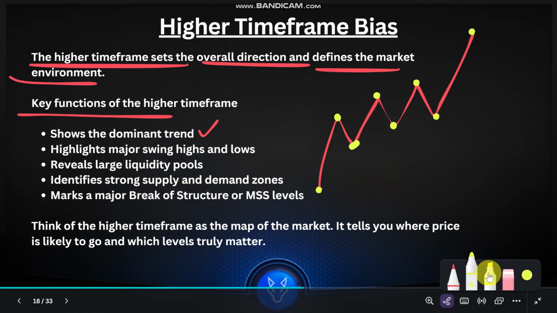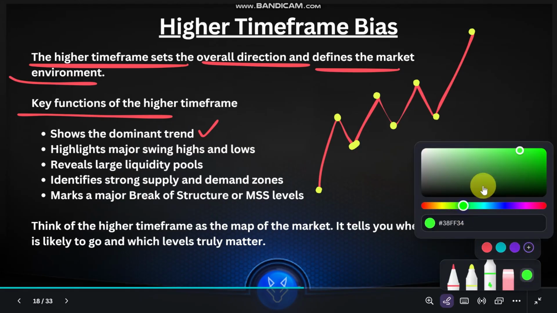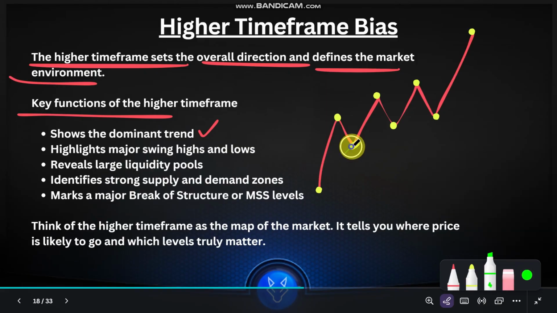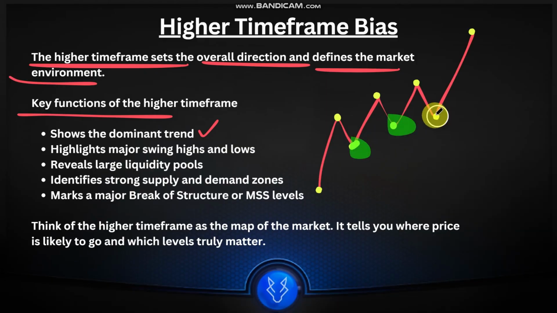So we have strong supply zones at this level here. Supply zones here, supply zones here, supply zones here. Sorry, demand zones rather. So demand zones here. It also marks a major break of structure, or MSS, levels.